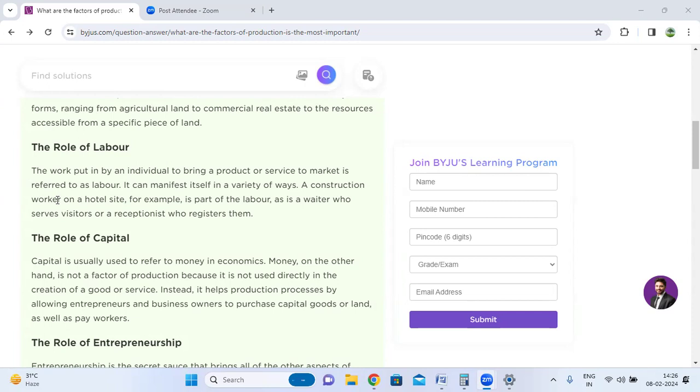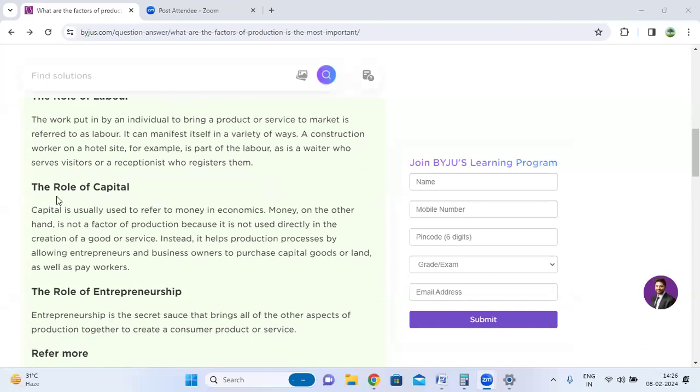Labor is a human factor of production, included in order to earn money. The services of a carpenter, blacksmith, weaver, teacher, lawyer, and actor, etc. can be called labor.